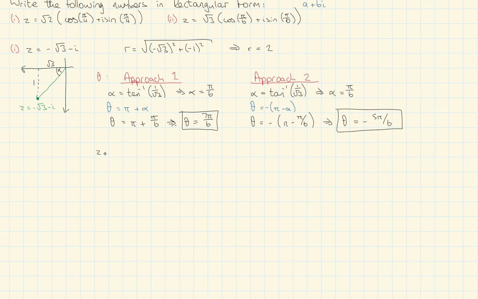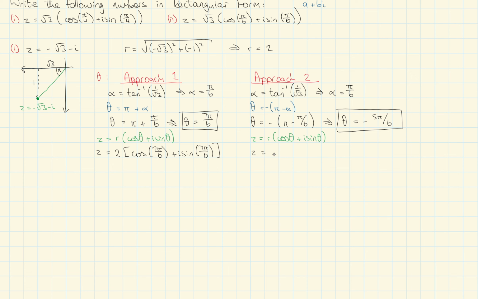So we get z. Remember, this is where we want our complex form or polar form. So we have z is equal to, r we figured was 2, cos 7 pi over 6 plus i sine 7 pi over 6.